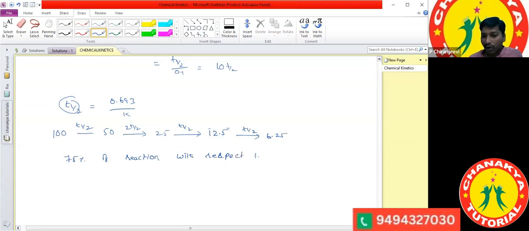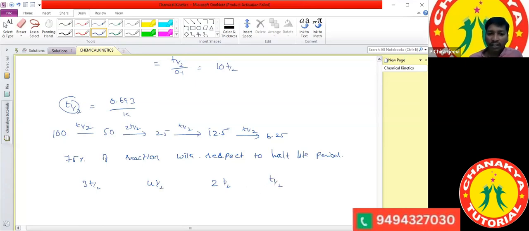The options given are 3 T half, 4 T half, 2 T half and T half.